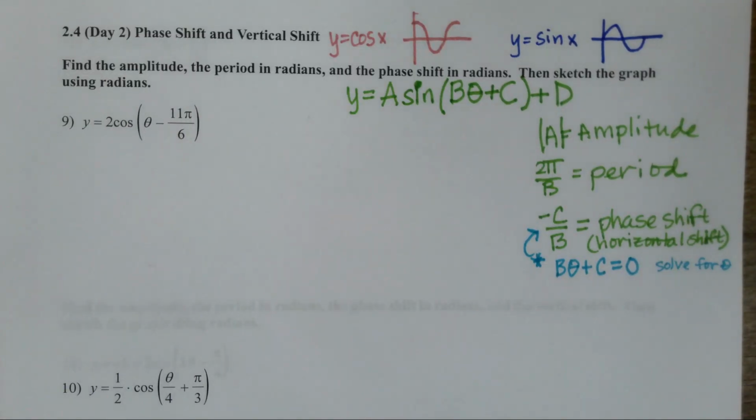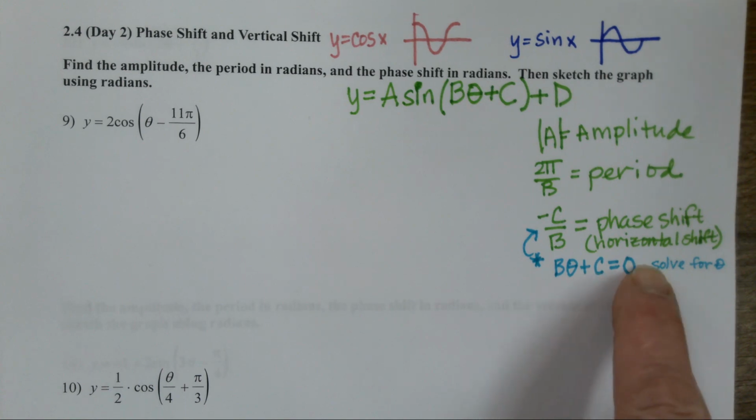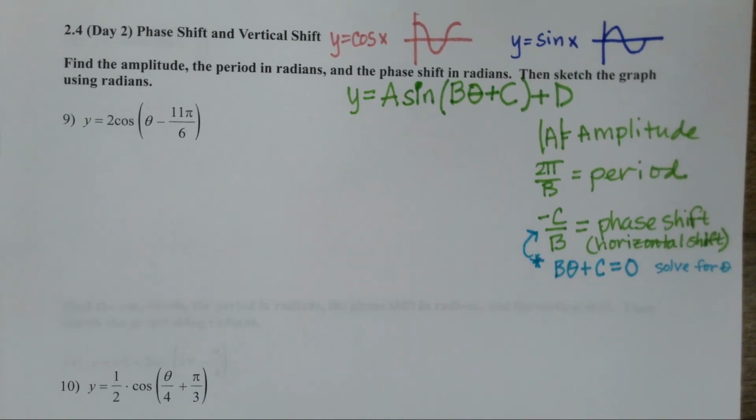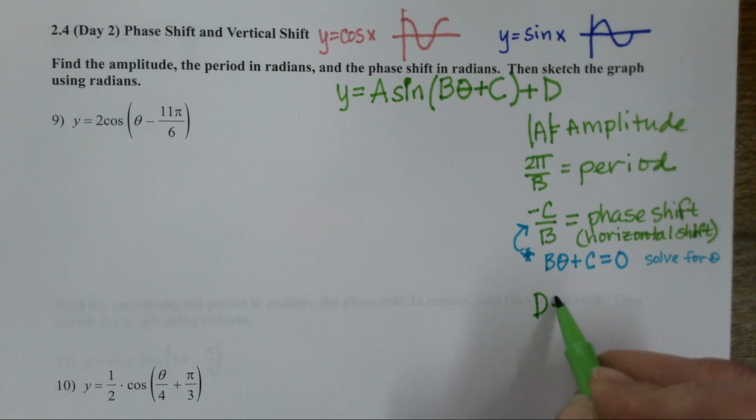That's how we get the opposite, and hopefully you can visualize. I would subtract the C and divide by the B. So that gives me my phase shift. And then lastly, the D gives me my vertical shift.